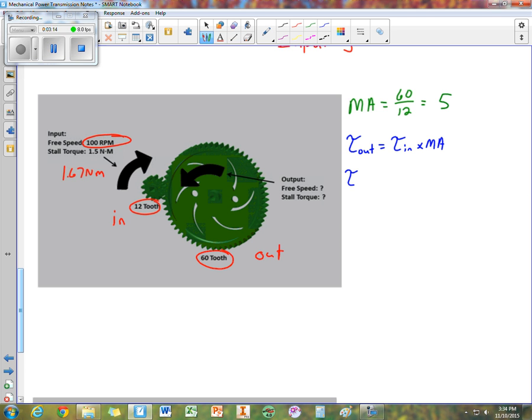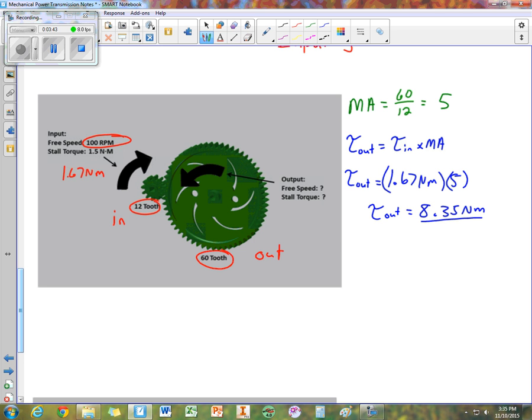So the output torque would equal 1.67 Newton meters times 5. So I see an increase in torque. Torque is increased. Well, that means we have to sacrifice speed.